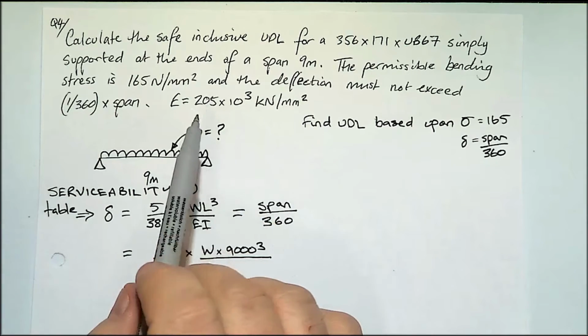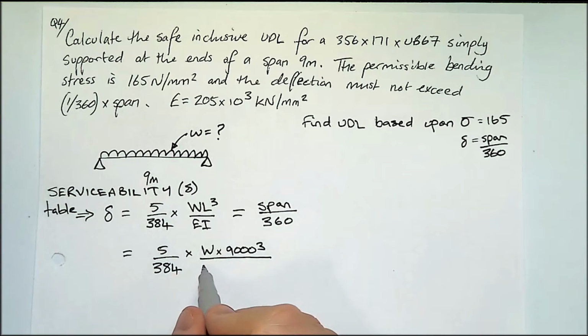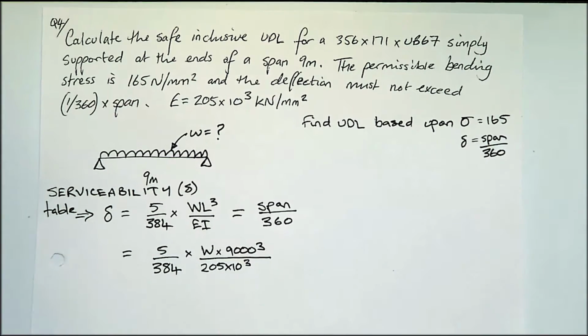Now we're given what E is, so it's 205 times 10 to the 3 kilonewtons per millimeter squared.